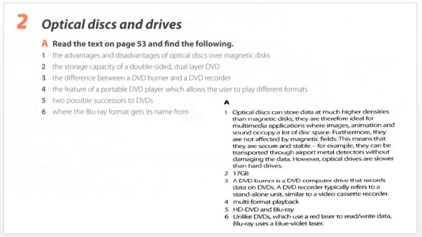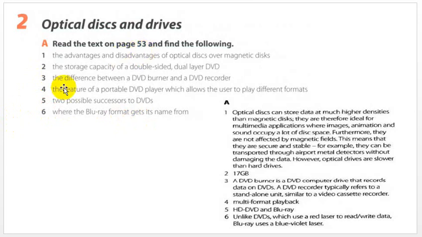Optical discs and drives. Read the text on page 53 and find the following. Here is a text. The text talks about DVDs and CDs, and you may find these 6 sentences in that reading section on page number 53.